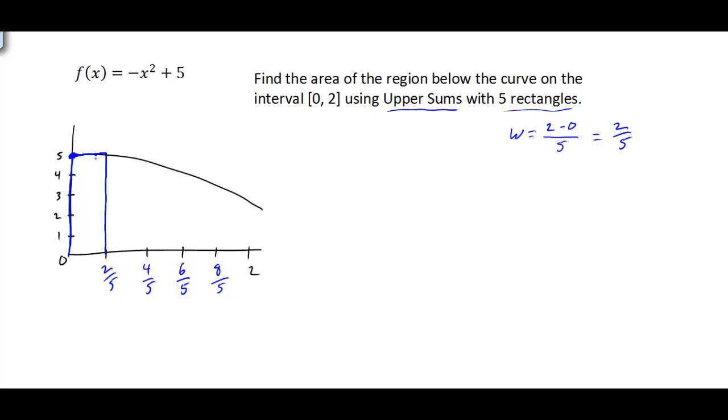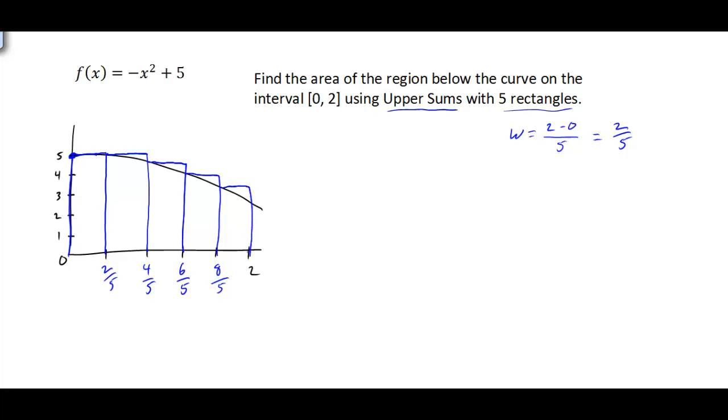And then we're going to draw our next rectangle, and we're going to pick this point here and go over and down to the 4/5, and then we'll pick our next point, go over and down, over and down.